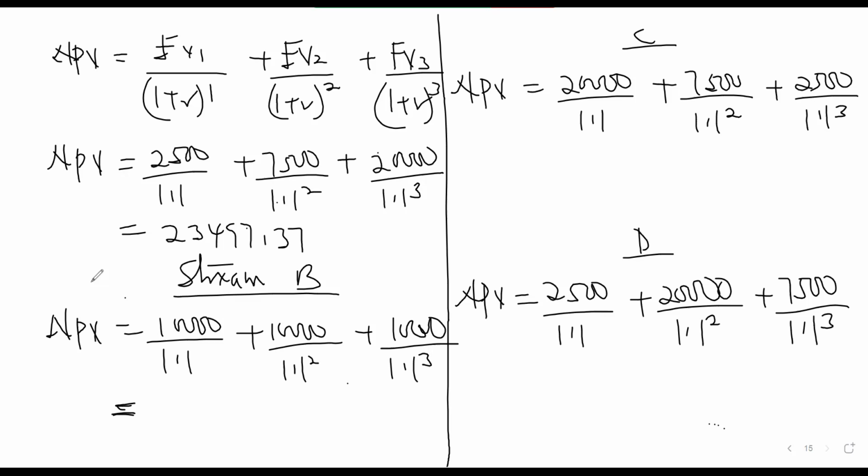The stream B, what are we having? Stream B, 24,868.52. Okay.